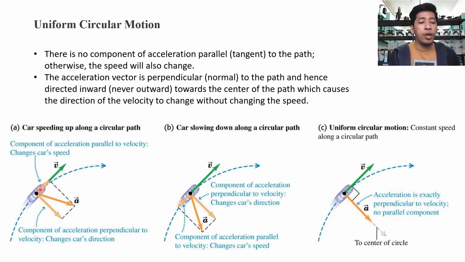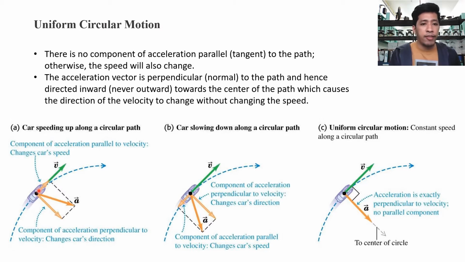Since velocity is a vector quantity, again, it has both magnitude and direction. But we have stated earlier that for uniform circular motion, only the speed of the particle is constant. So there is no change in the magnitude of the velocity. However, since it changes its direction as it moves around the circular path here, the velocity changes.